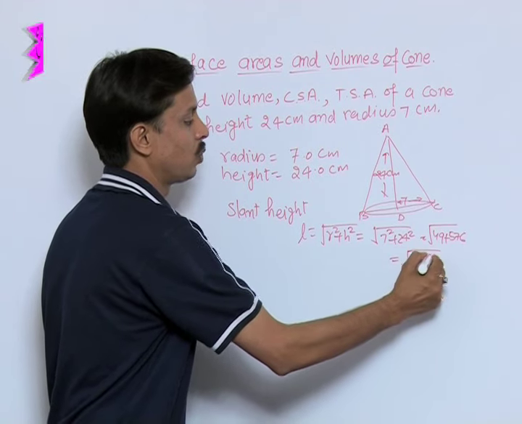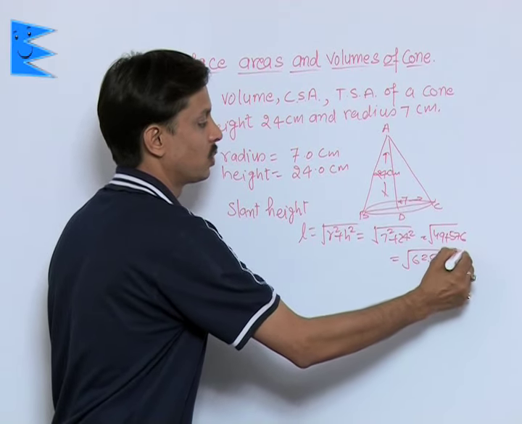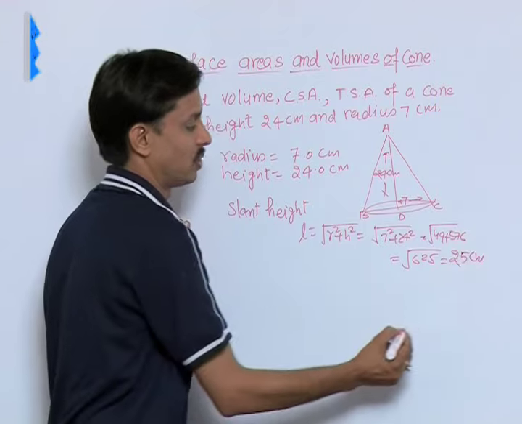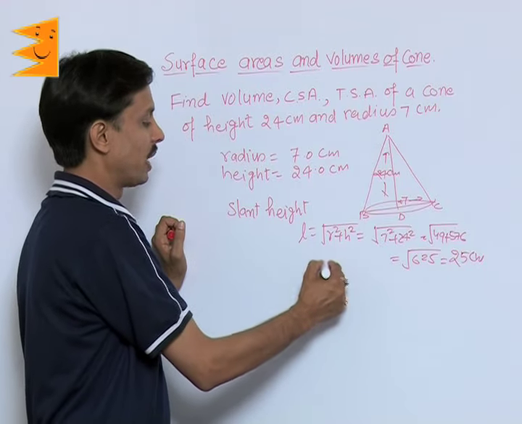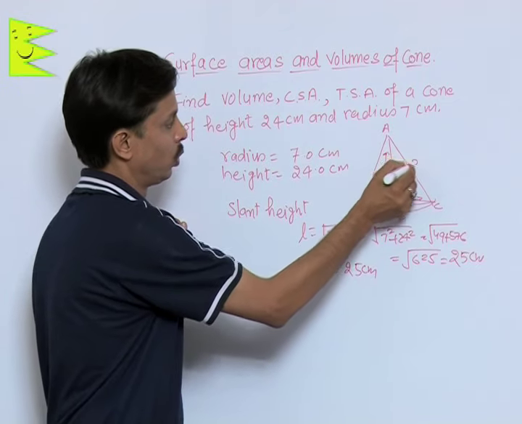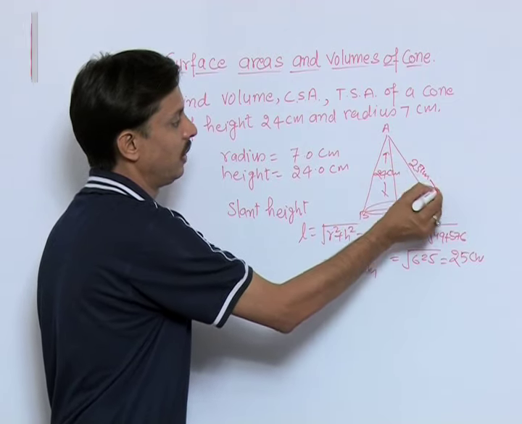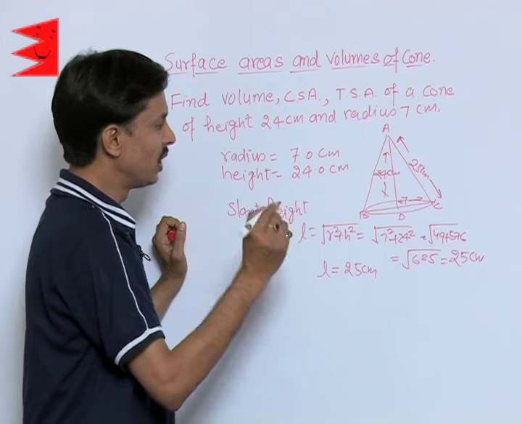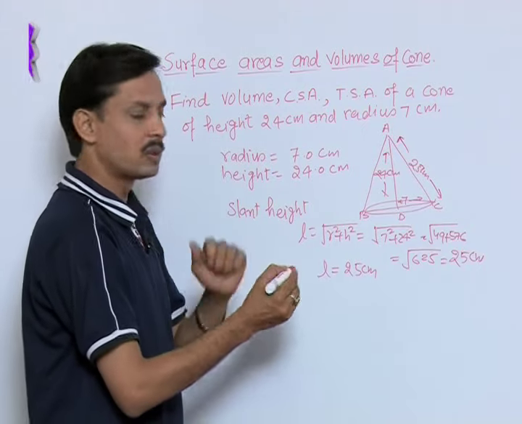This becomes 625 and its square root comes to be 25 centimeter. So we can say the slant height of this cone is 25 centimeter.